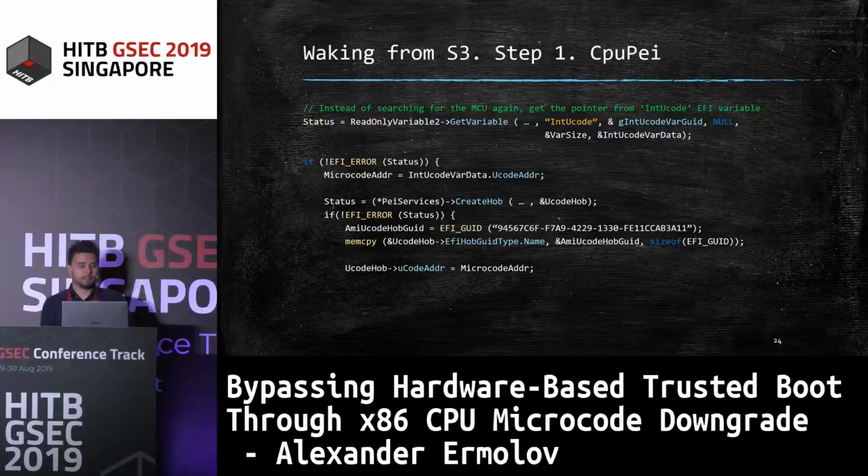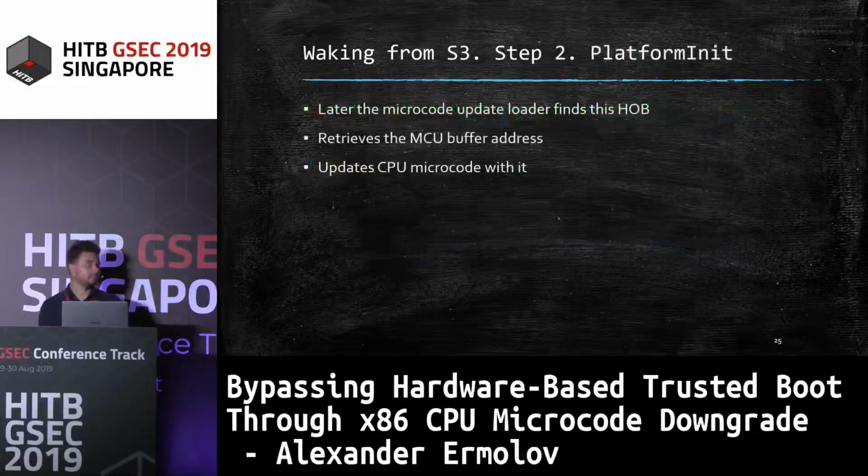Instead, it loads the saved address from the int ucode variable and saves this address into a handle block, and then the platform unit module does the same thing it does upon normal boot.